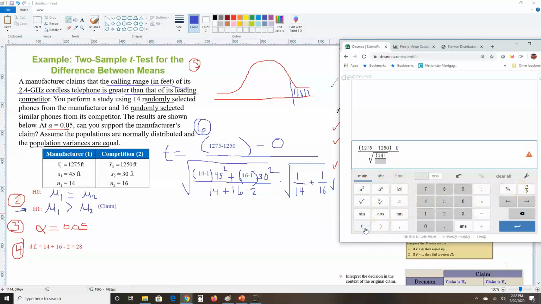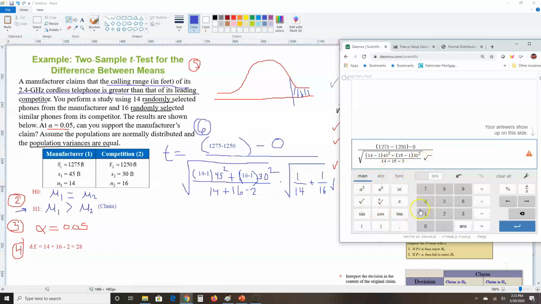I'm going to have 14 minus 1, close the parentheses, 45 squared, plus another parenthesis, 16 minus 1, close the parentheses, times 30 squared. And then on the bottom here, I have 14 plus 16 minus 2. That was the first radical. Okay. Now I move the cursor outside the first radical. I'm going to click the second radical. Careful how you type this.